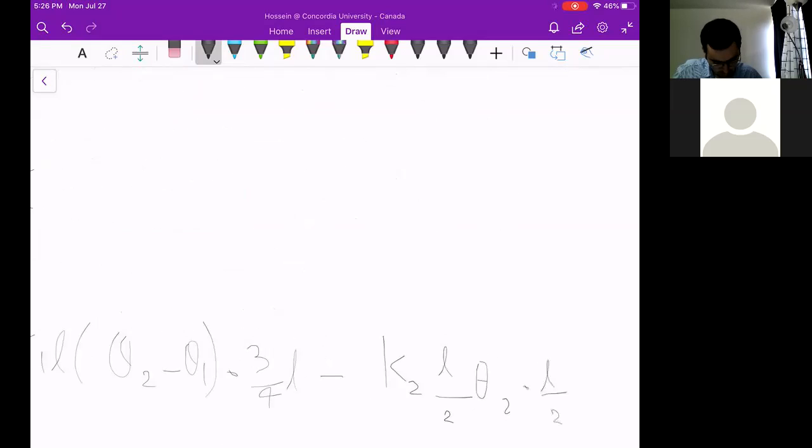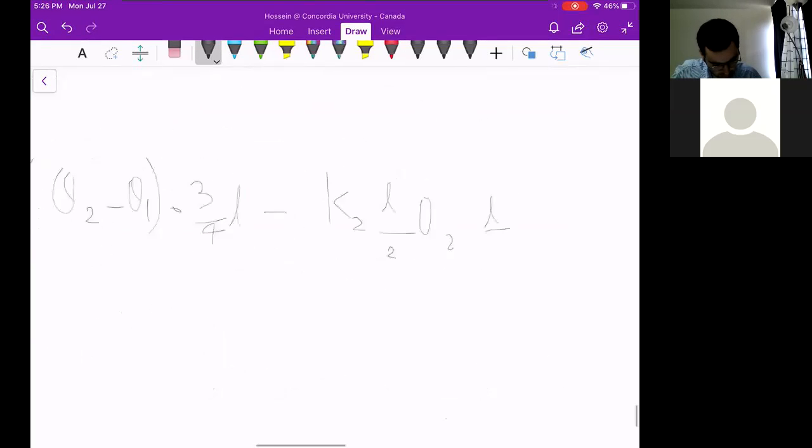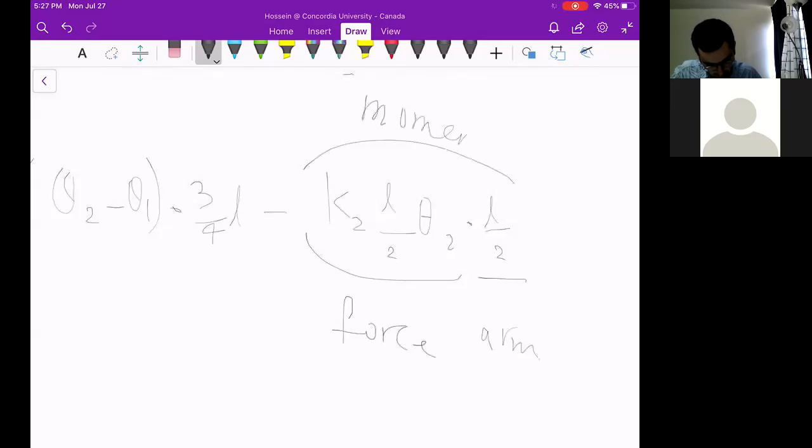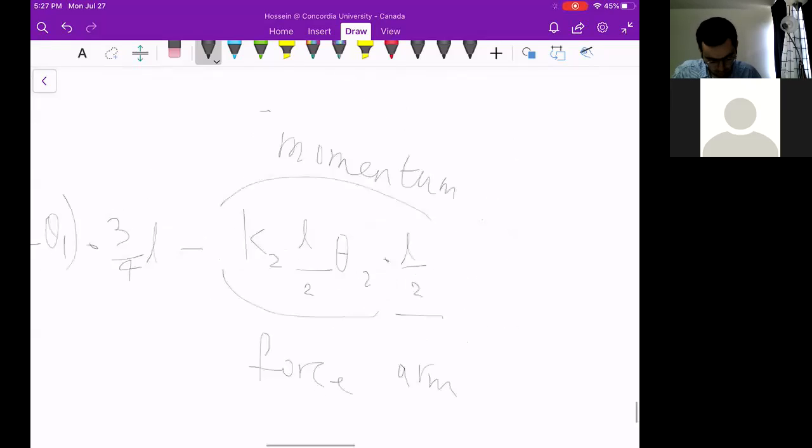So this is the force, this is the moment, which is equal to I2 theta double dot 2.